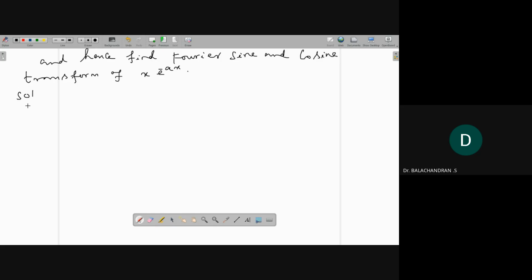Solution. So first I'll calculate Fc of f of x.